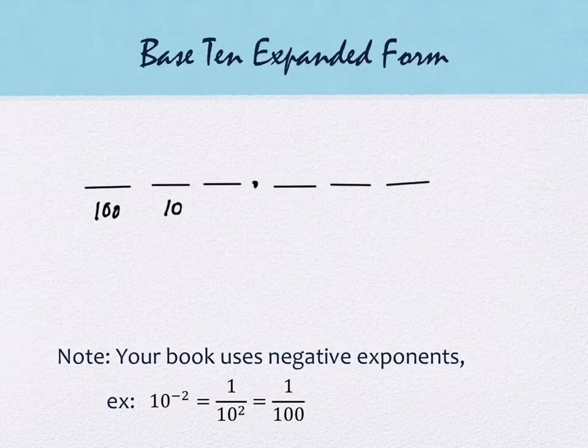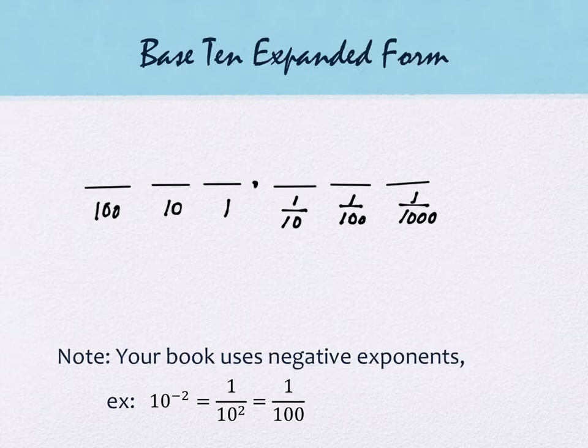This is the tens place. It means how many tens I have, and this is the ones place. And then if I move beyond that, this is what we said was the tenths place. Well, a tenth written in fractional form is 1/10, 1 over 10. The hundredths is 1 over 100, and the thousandths is 1 over 1,000. Another 0. Okay, is that okay so far?